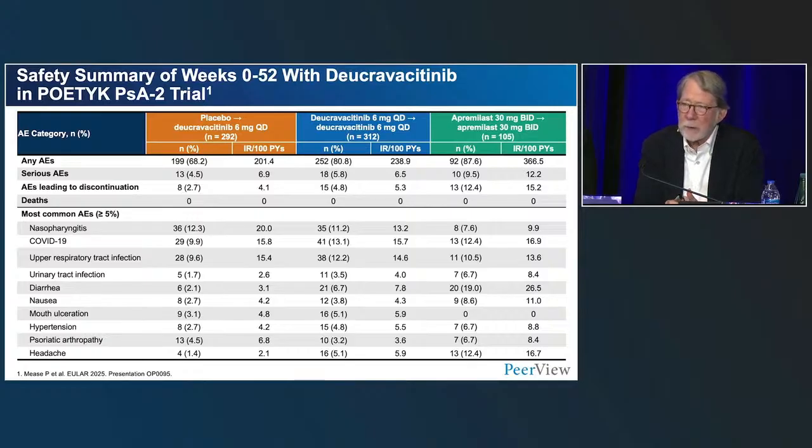There really wasn't a signal for serious infection, although of course, with any immunomodulatory, we counsel about infection, but we didn't see a serious infection nor opportunistic infection concern. There was really no malignancy signal nor cardiovascular signal. So I think the safety profile of this mechanism, and you'll see this too in the Zazo data, is relatively benign.